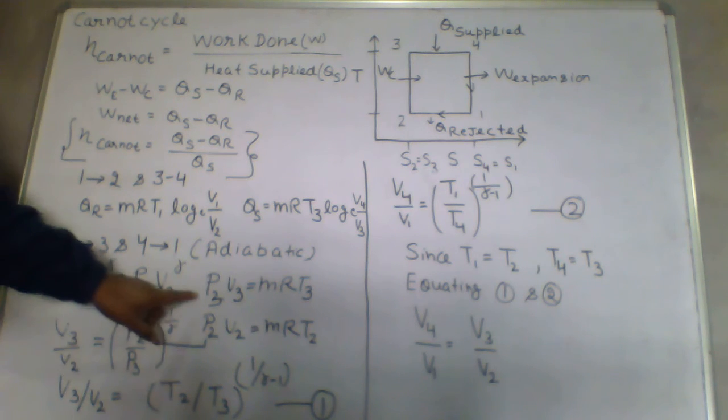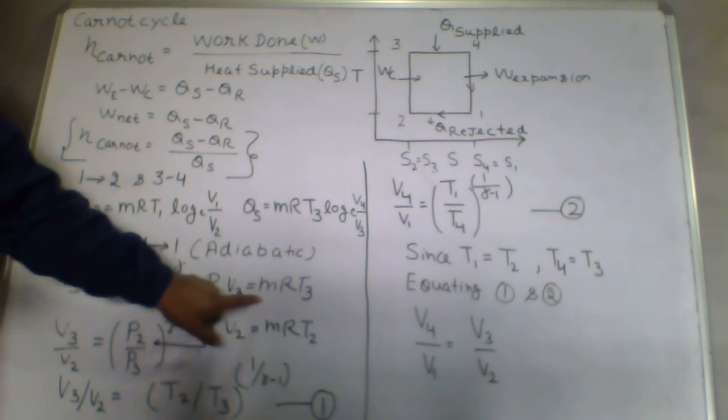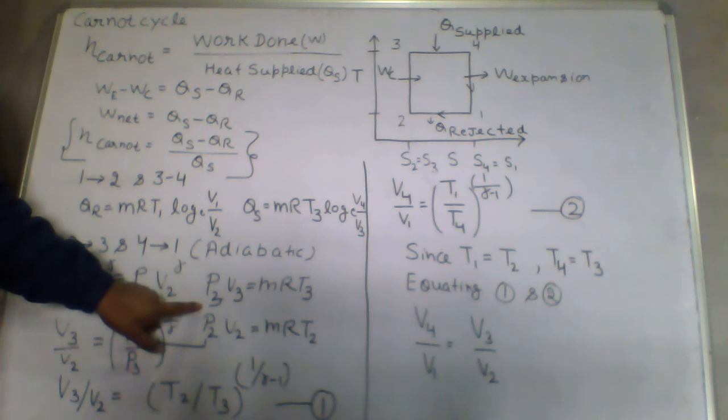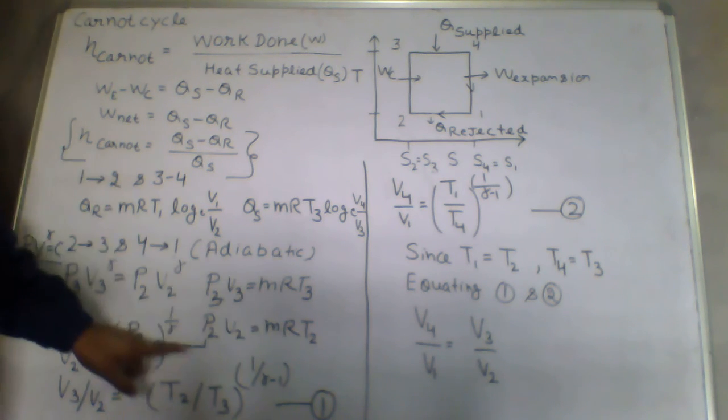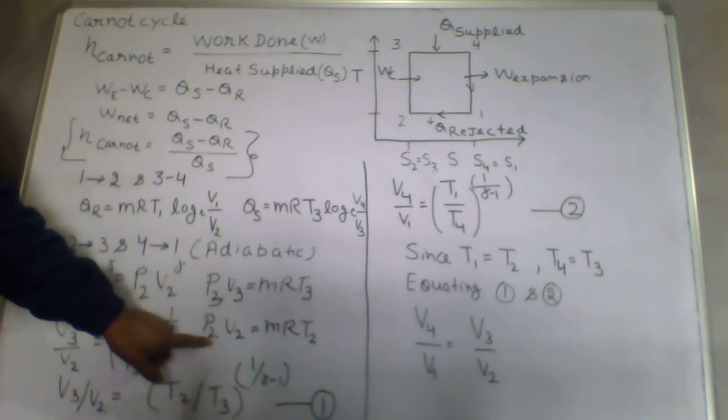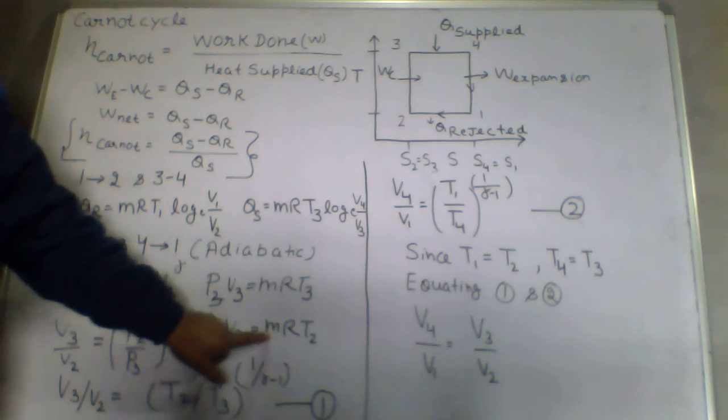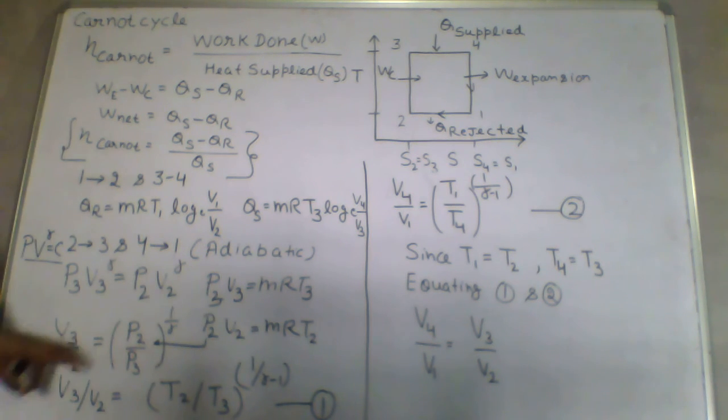Now you can see we have one more equation, that is PV is equal to MRT, because for this Carnot cycle we had some assumptions. It will follow the perfect gas equation. So P3 V3 is equal to MRT3, and for point 2, P2 V2 is equal to MRT2. So you can replace this equation.